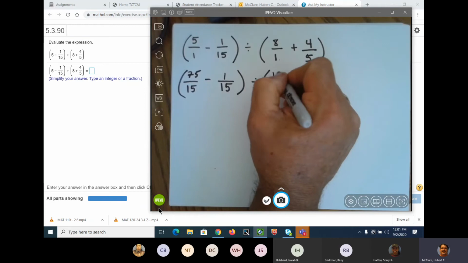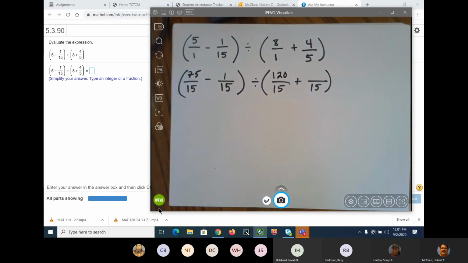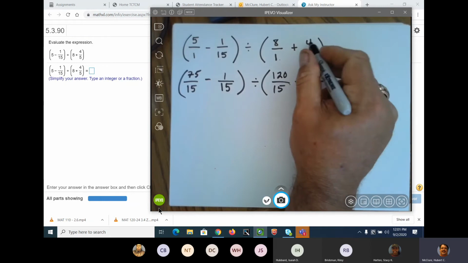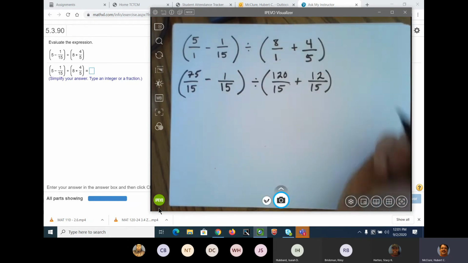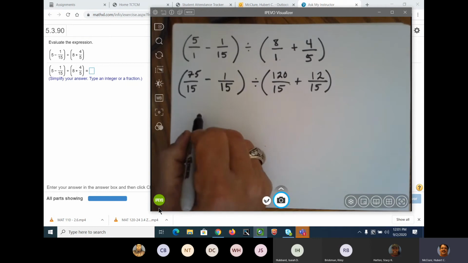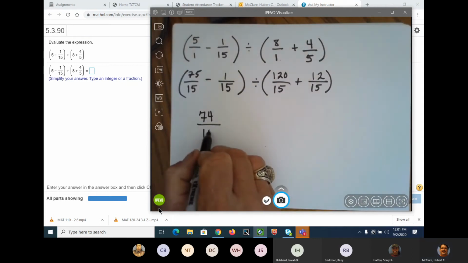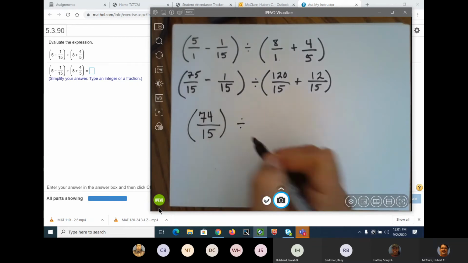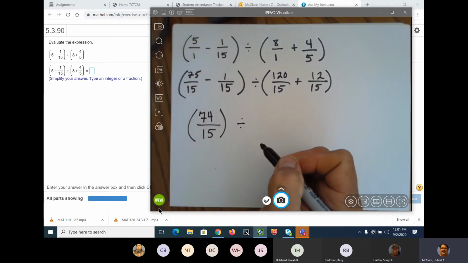We said that was 120 a while ago. 5 will go into 15 3 times. 3 times 4 is 12. 75 minus 1. I'll do that one for you. And 120 minus, what is that, 108?